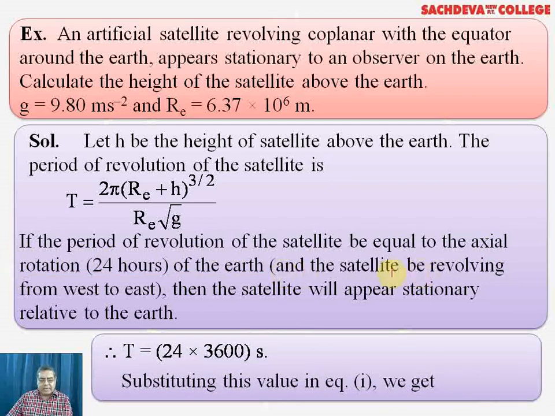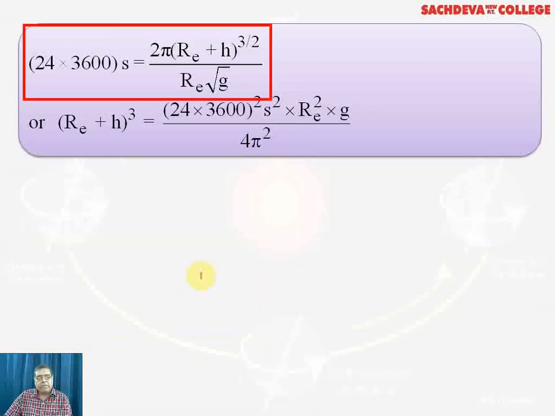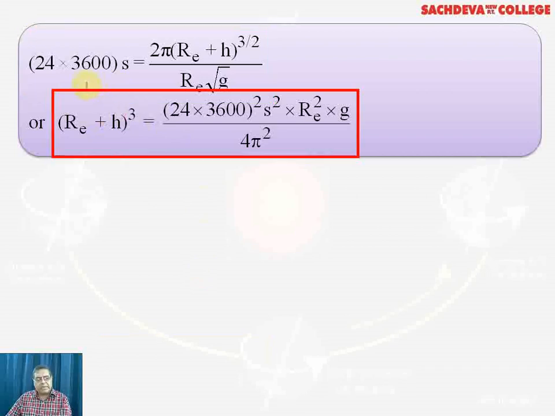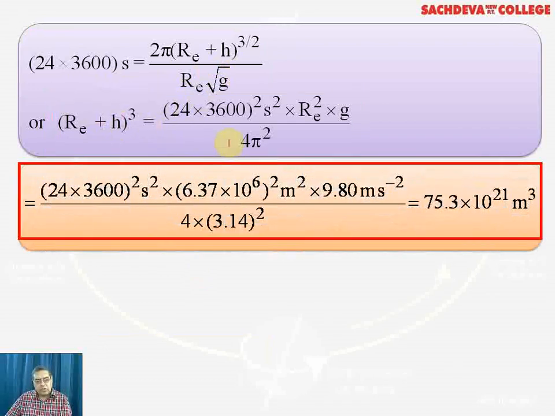In that case, the time period is 24 hours multiplied by 3600 seconds. So we make the calculations, and the final expression will be (Re plus h) to the power 3. All other values are put in, and we get this equation.